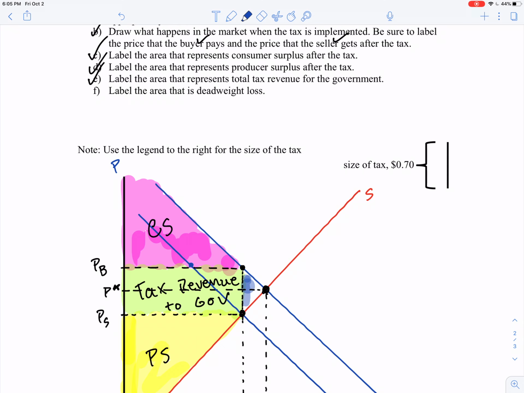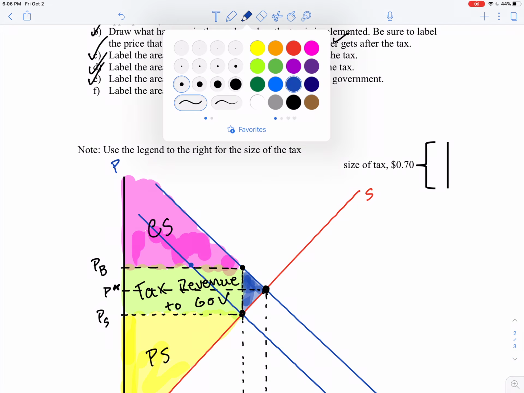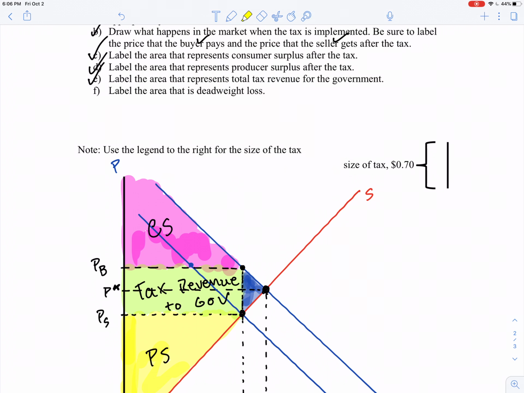Okay, that'll work. This triangle right here is our deadweight loss triangle. So let's go back to this size tip and go back to a normal highlighter. And then this triangle right there is deadweight loss, and we abbreviate that with DWL, okay?